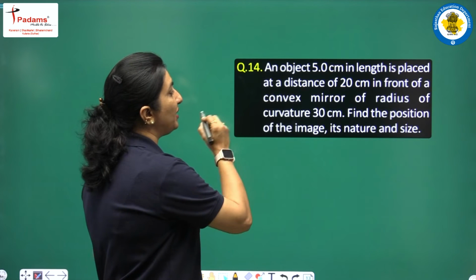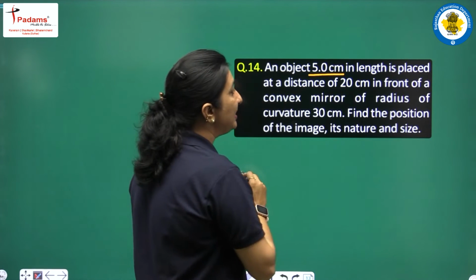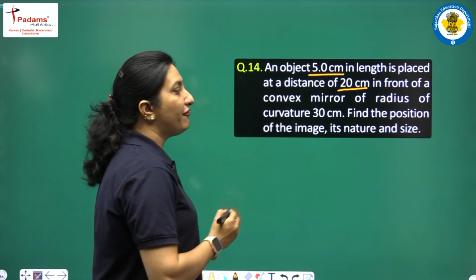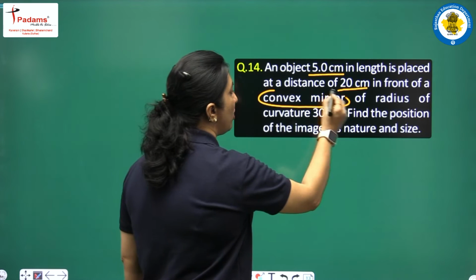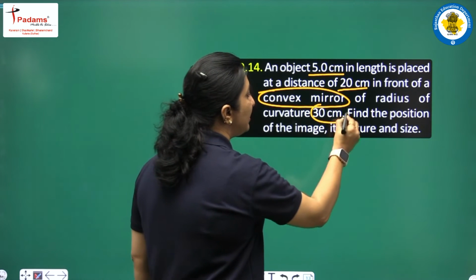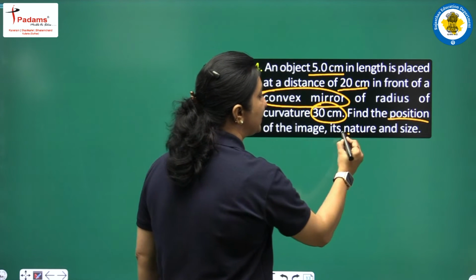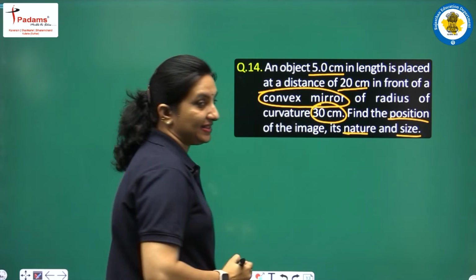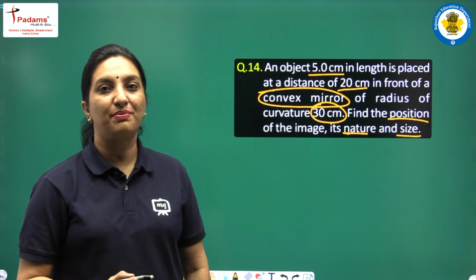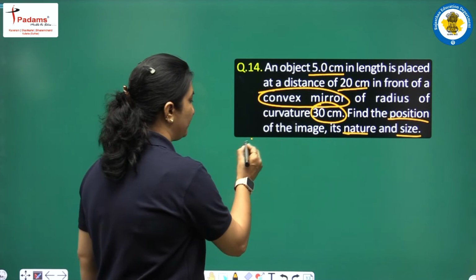Now the problem 14 says that an object 5 centimeter in length is placed at a distance of 20 centimeters in front of a convex mirror of radius of curvature 30 centimeters. Find the position of the image, its nature and size. So to deal with this numerical problem, again we will start by writing the quantities which are given.